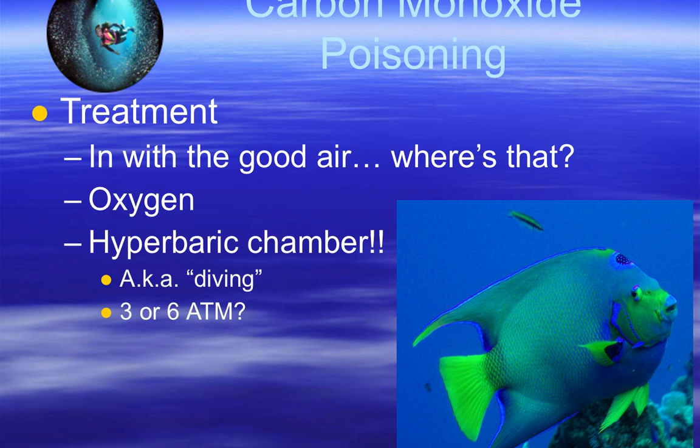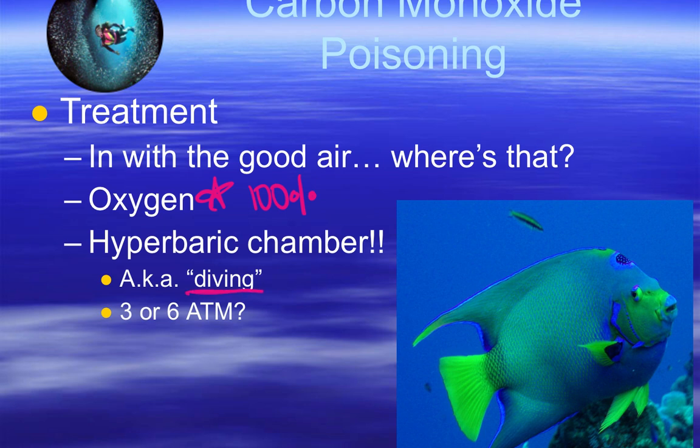So oxygen, oxygen, oxygen is going to be the best treatment for carbon monoxide poisoning. We want 100% FiO2. So that's putting them on a non-rebreather or a mask as soon as we get them out of the water. And as soon as they get to the hospital, we're going to give them as much oxygen as possible. Depending on the severity of the carbon monoxide poisoning, we are going to treat them with a hyperbaric chamber, right?